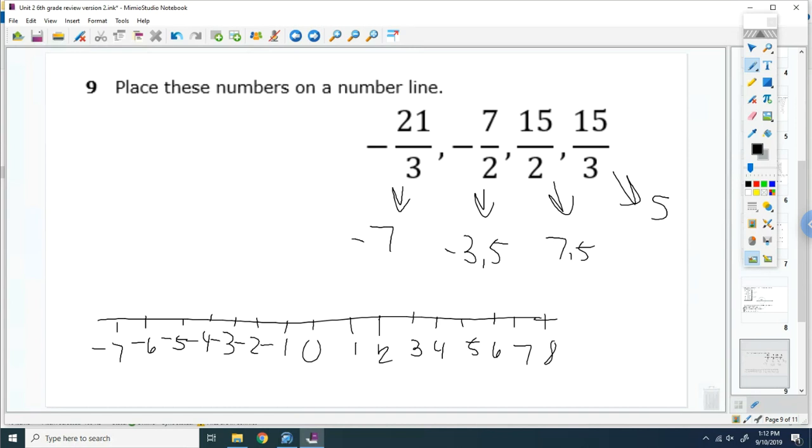So -7 would go right here, and I would write -21 over 3 on it. And then -7 over 2, which would go in between -4 and -3. And then 15 over 2 is 7.5, so it would be between 7 and 8. So this would be 15 over 2. And then 5, which would go right here, but you're going to write 15 over 3.